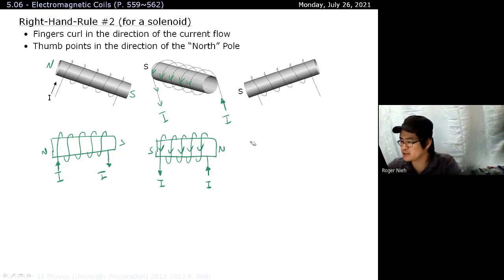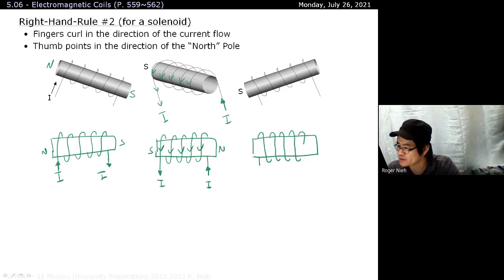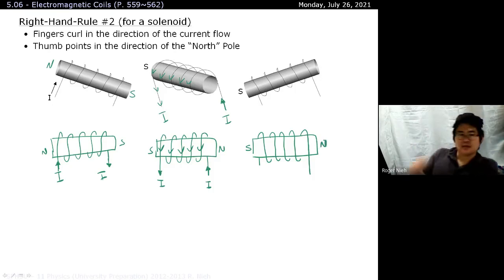Because in the third example, the diagram looks very similar, but if you look at the direction of coiling, now it's entering in from the back and exiting out through the front, when you look at it from left to right. So it's coiled the opposite way around. In other words, the outcome of this setup will give you the complete opposite answer. So south is still on the left-hand side, north is still on the right-hand side. You take your toilet paper roll, hold your hand as necessary, and this time around, yes, the current is going down through the front.